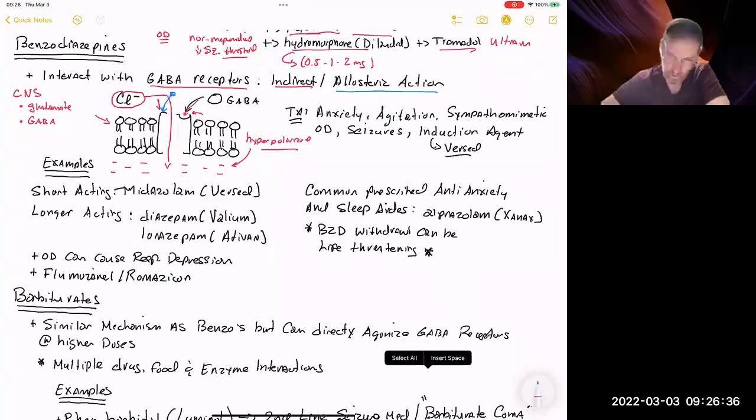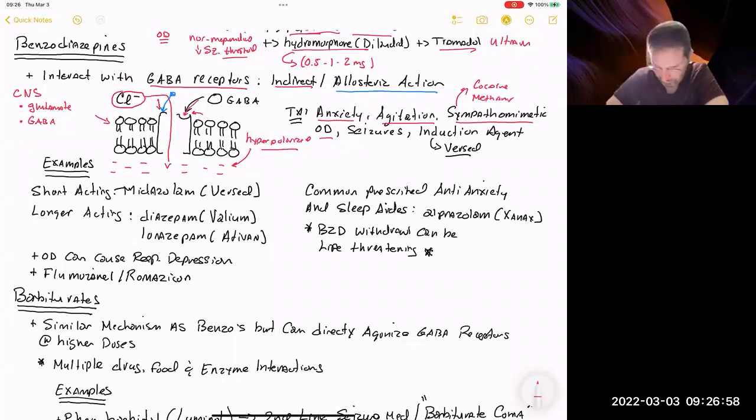So why are these agents used? Well, they are used for anxiety, for agitation, and for sympathomimetic overdose. Someone overdosed on a sympathomimetic agent, something like cocaine or methamphetamines, right? These can help control the anxiety and the behavior associated with that.